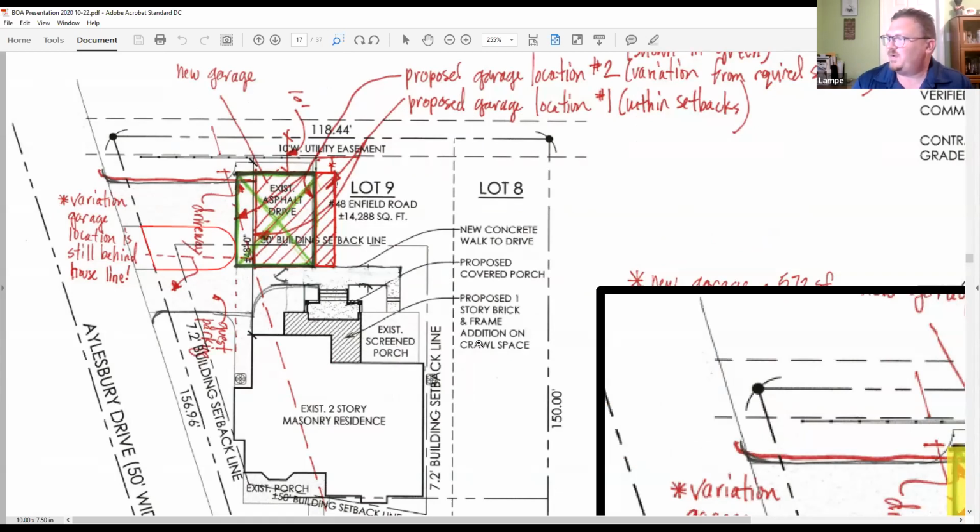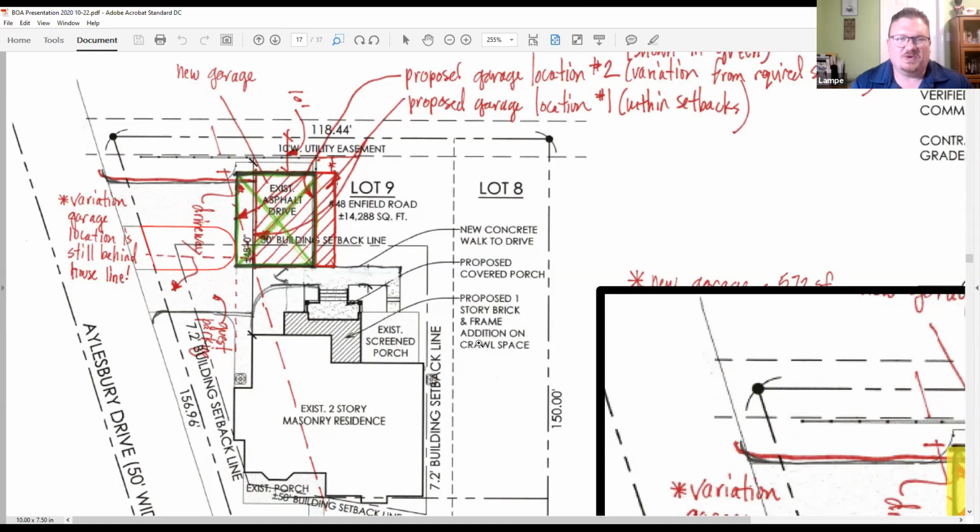With the existing house being so close to the road, and by pushing the garage back further behind the 25-foot setback, there was a concern that the view out of the back of the house, where the majority of the windows are from the kitchen and the dining room, would be totally blocked.